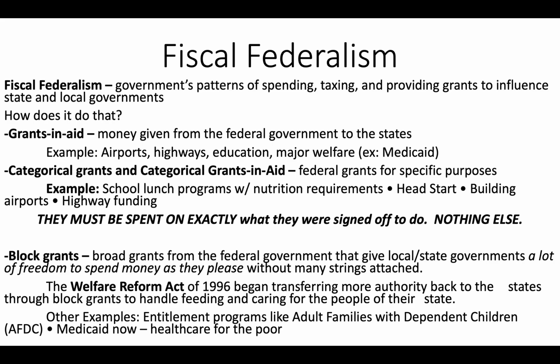If you spend too much, you're screwed because they're not going to give you any more. And if you spend too little, what happens with that extra money? It goes back to the federal government. So you need to know they must be spent on exactly what they sign off for. They have to be spent on exactly what it's been approved for.